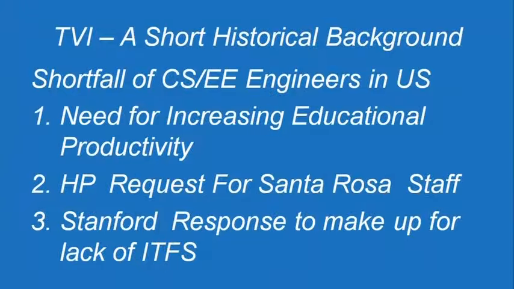First, the TVI, a short historical background. In the late 50s and early 60s, there was a lot of concern in the US about the way the industry is going.